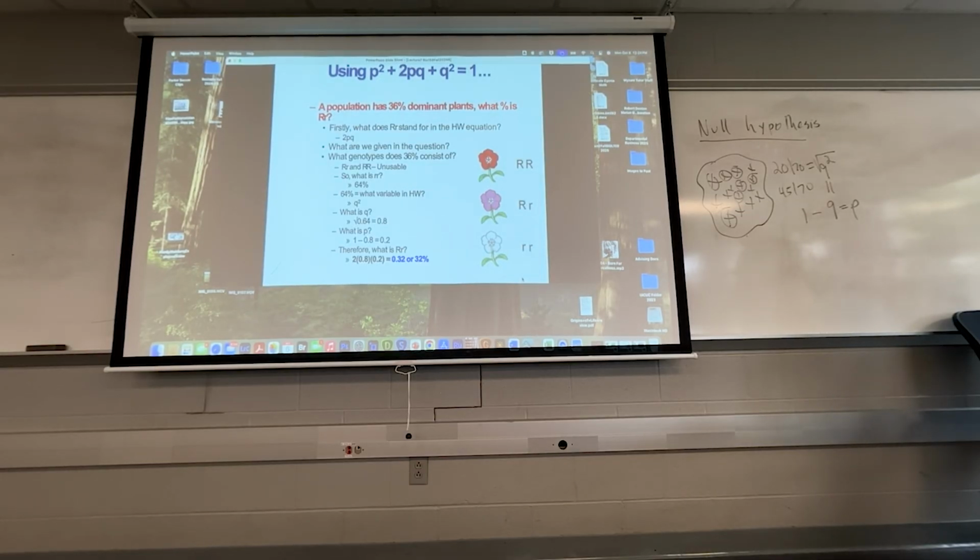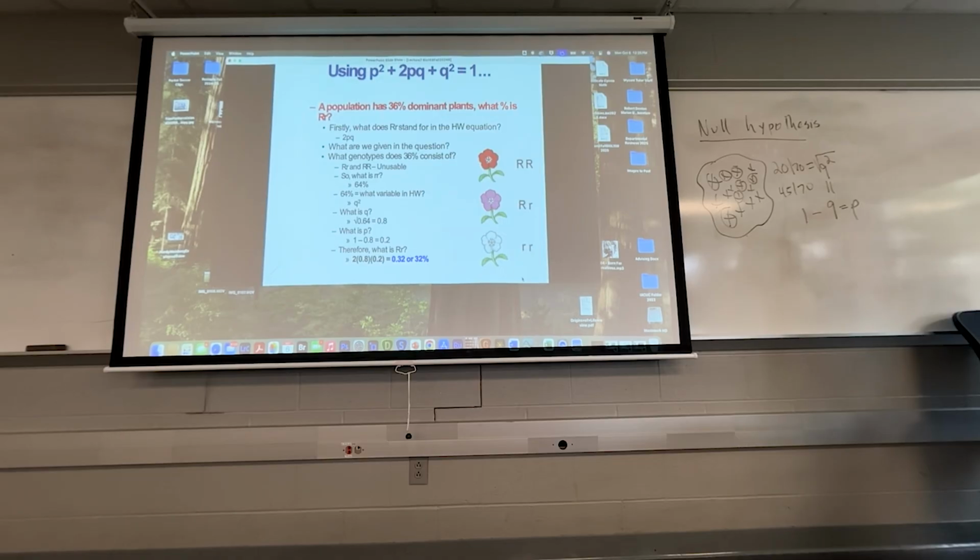What is the heterozygote percentage? To do that, we couldn't use this number, right? Because we don't know if dominant plants are homozygous dominant or heterozygous. But if 36% of all of our plant population is dominant, then we could subtract that from 1 and get the recessive number, correct?